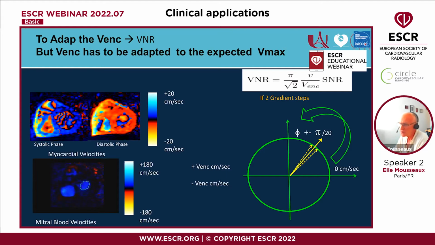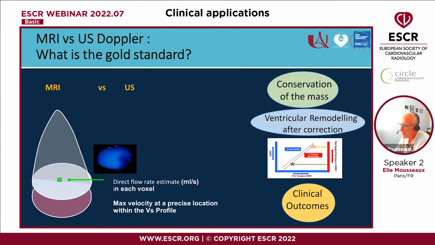But if I am interested in the velocity within the mitral valve, I know that the maximum velocity will be close to 120 or 140. So my VENC will be close to 160, for instance. So that's very important to have such a point in mind.